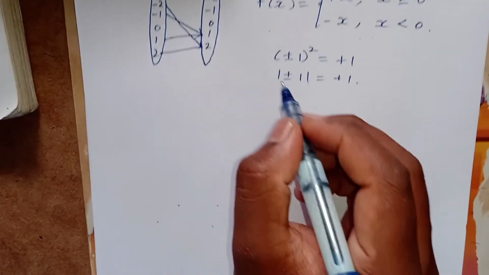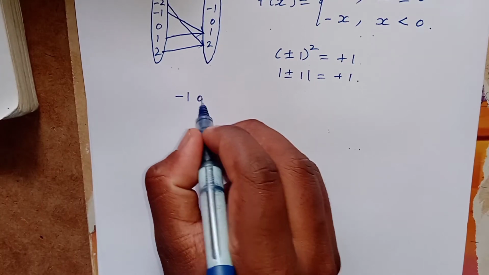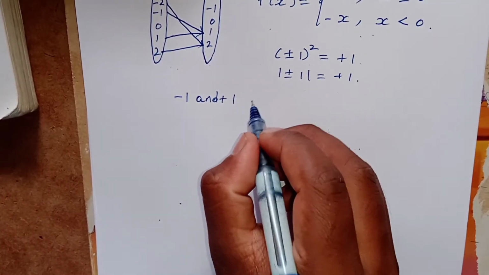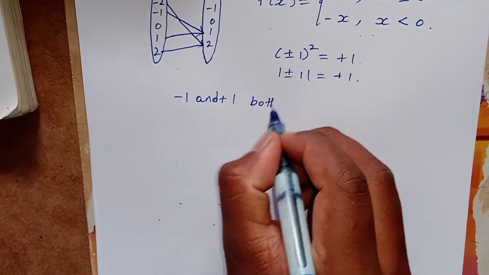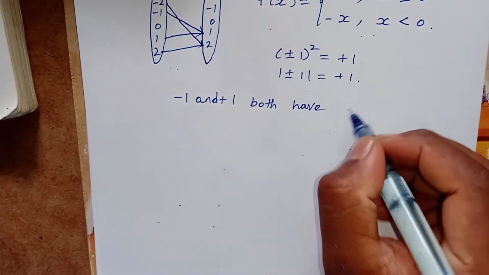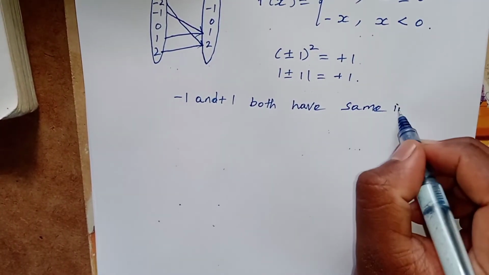Okay, therefore -1 and +1 both have same images.